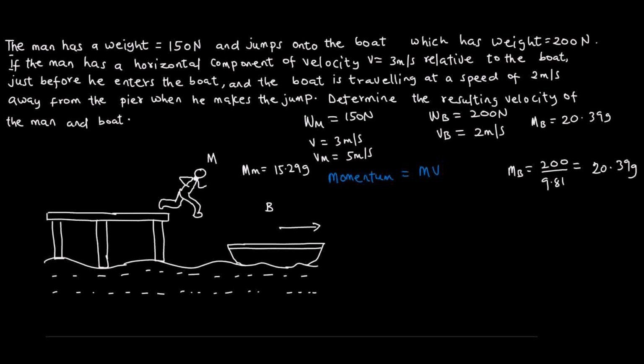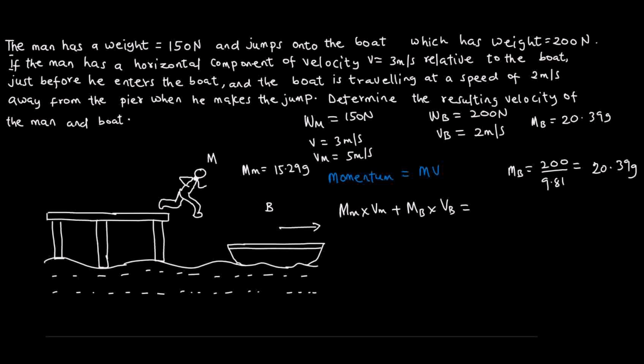So we are going to have the momentum of the man, that will be the mass of the man times the velocity of the man, plus the mass of the boat times the velocity of the boat. That should be equal to the total momentum.